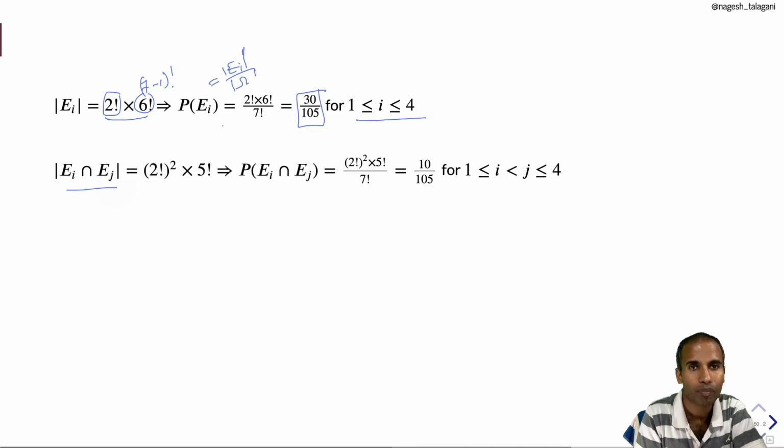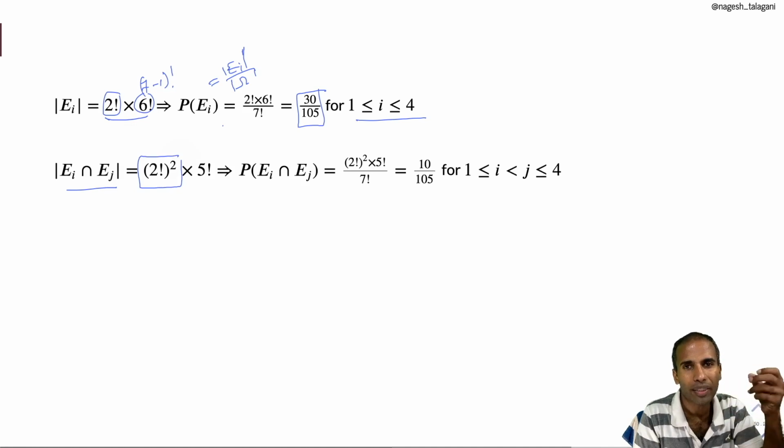Now the number of elements in Ei intersection Ej means arrangements in which the ith couple is sitting together and the jth couple is sitting together. To count them, we tie the ith couple and the jth couple. The ith couple can be tied in 2 factorial ways, and the jth couple also in 2 factorial ways, so the two couples can be tied in 2 factorial squared ways.